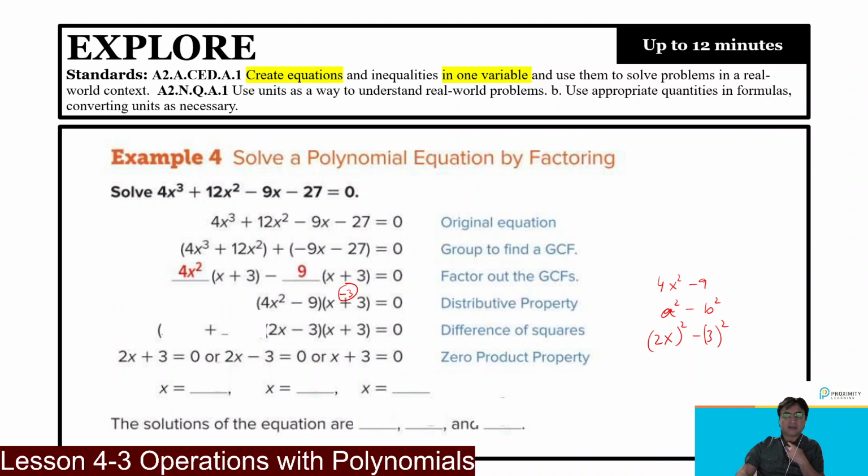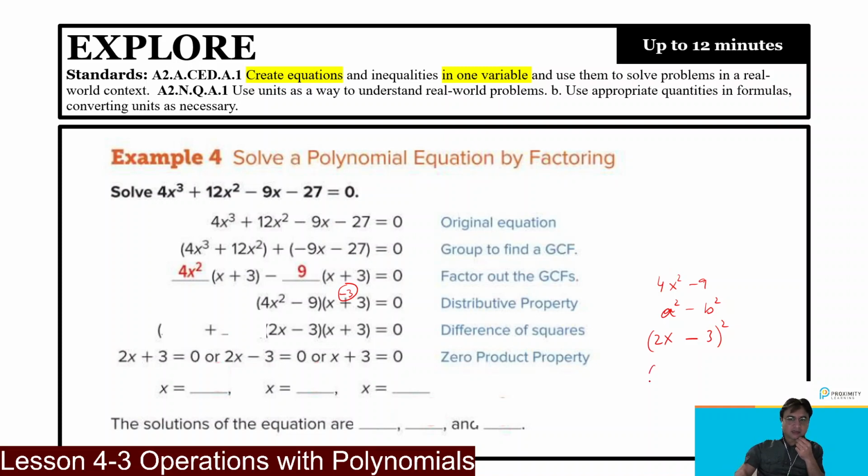So that's what this feels like, a difference of squares. So we can rewrite it as that.